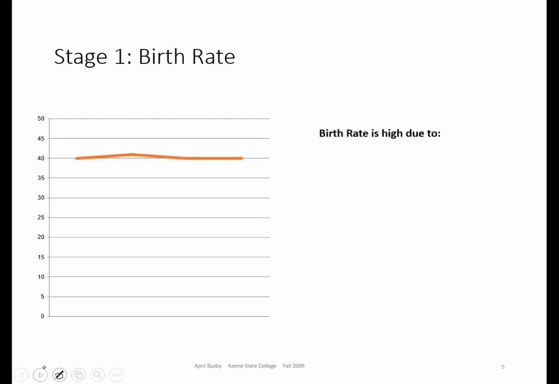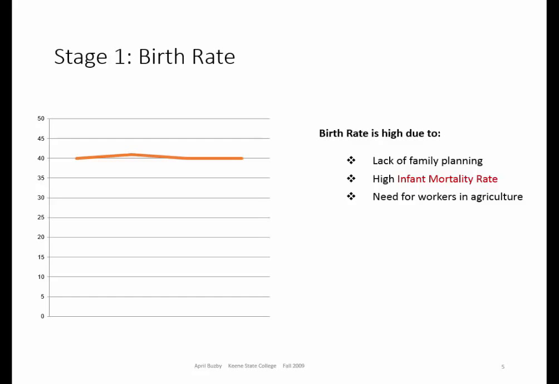Stage 1 birth rate is high due to lack of family planning. Infant mortality rate is high, so you need to have more children. Here's key: need for workers in agriculture.